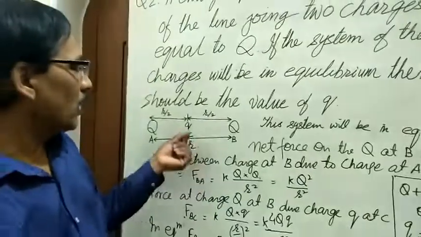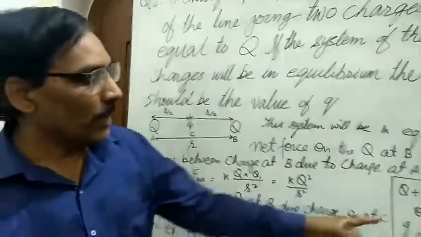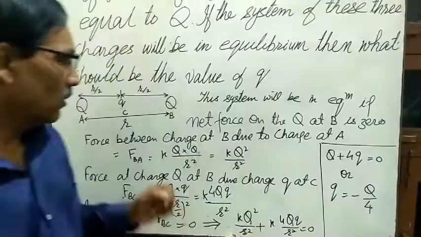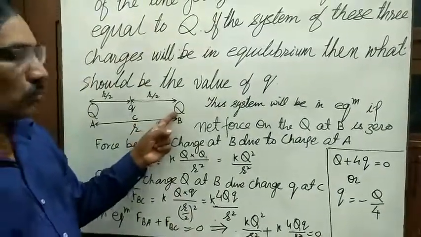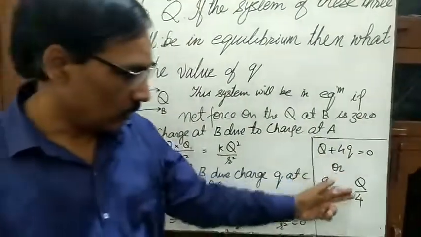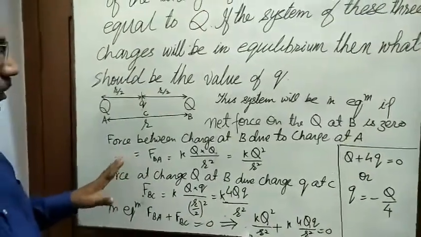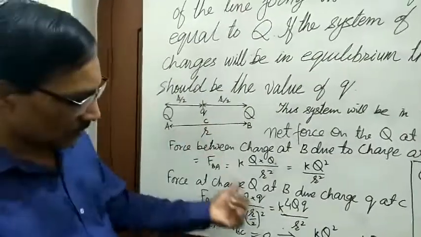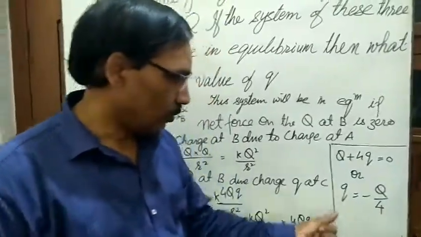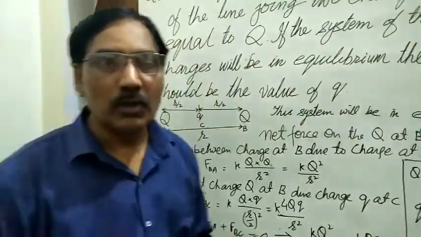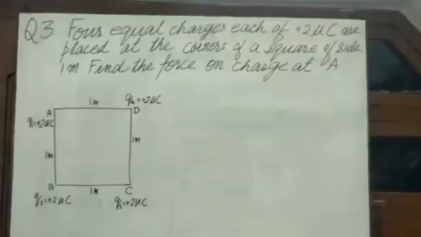So the value of this charge q is minus Q by 4, that is, opposite of charge Q, and one-fourth. Then this system will be in equilibrium. Clear? So we have got the answer. The value of small q is minus Q by 4.